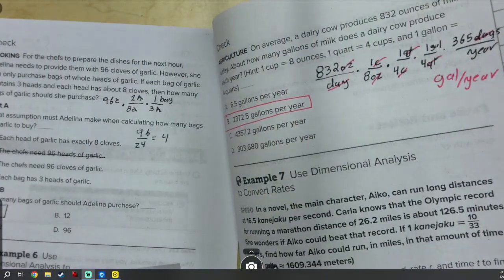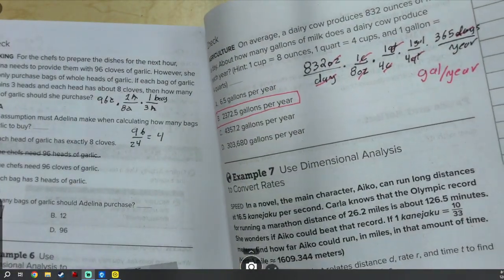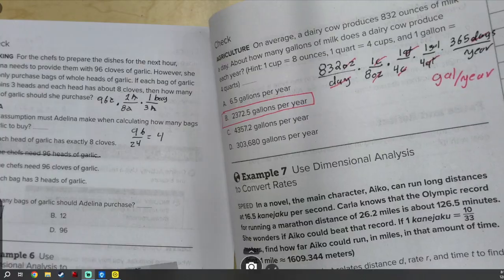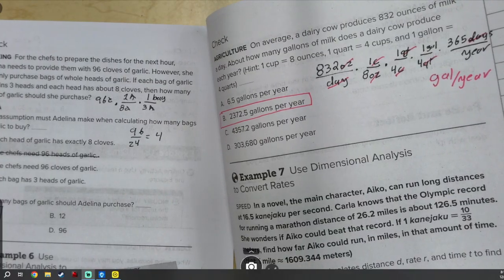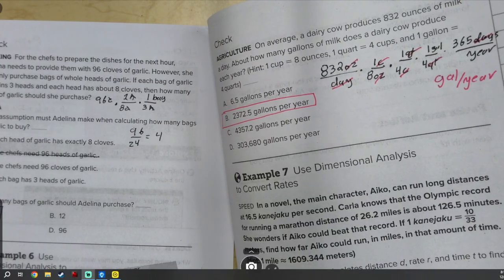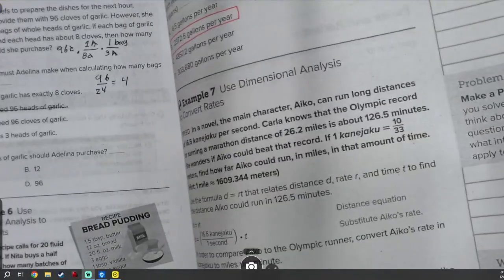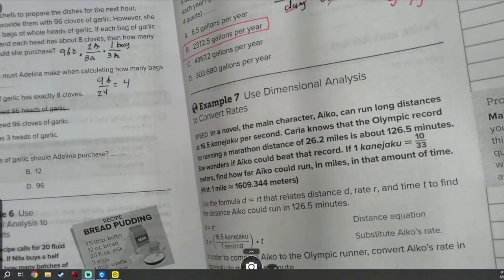So let's take a look. The time they're using is 126.5 minutes. Okay, and the reason why is we have our speed and the time it took.